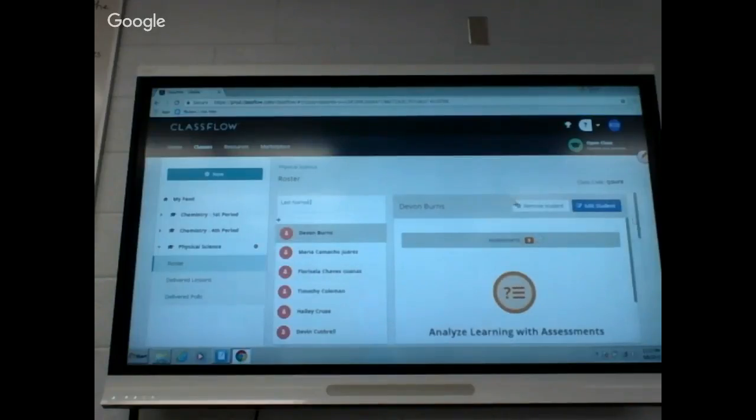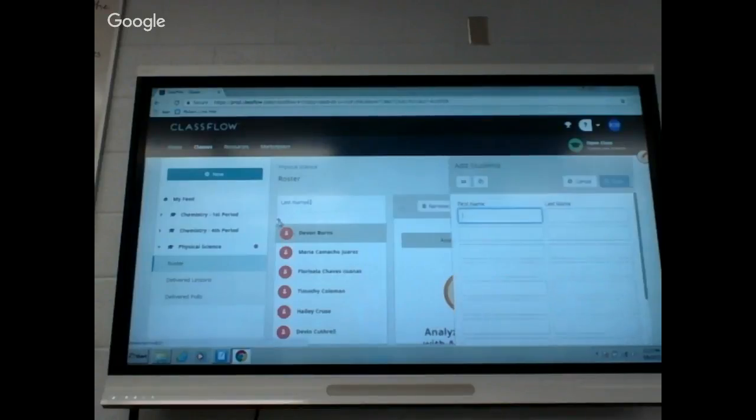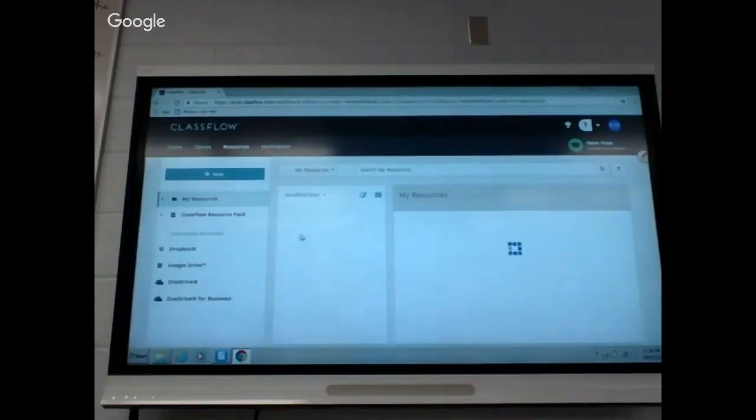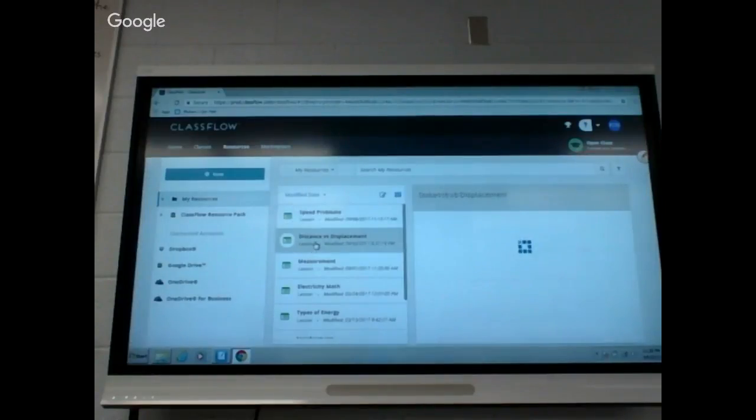This is 7. Are we supposed to make a new account? No. You have to make a new one. Oh, it's your Gmail. Now you just press enter.